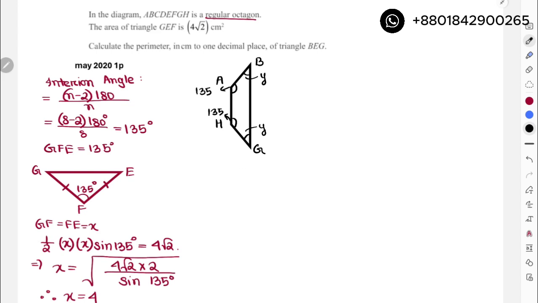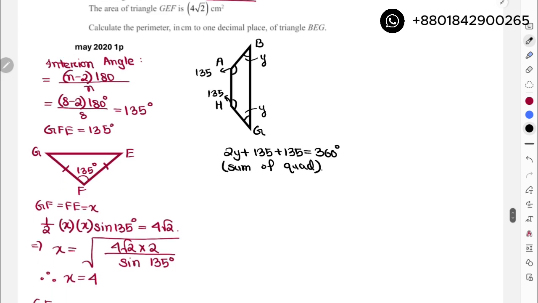This is a trapezium, and the sum of angles in a trapezium is always 360 degrees. So I can write 2y plus 135 plus 135 equals 360. The reason here is the sum of a quadrilateral, since a trapezium is a quadrilateral.